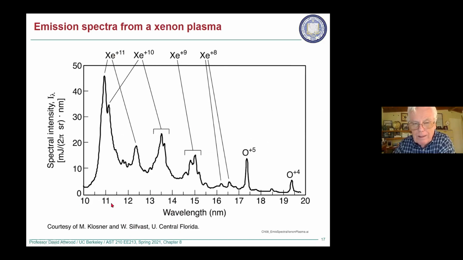Now everything's settled around 13.5 nanometers. Okay, but you can see the emission lines from xenon with a charge state of +8. That means it's lost 8 electrons, +9, 10, and 11. So here, these emission lines are due to xenon ions, which have lost 11 electrons. Okay, shorter wavelength, higher photon energy. So that's one example.